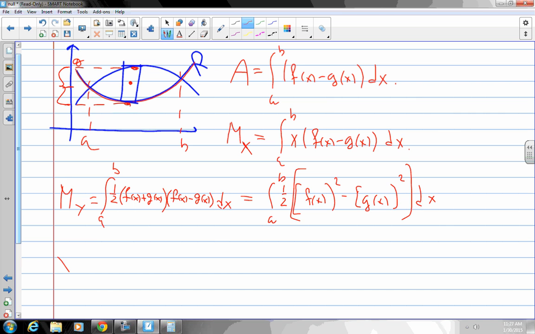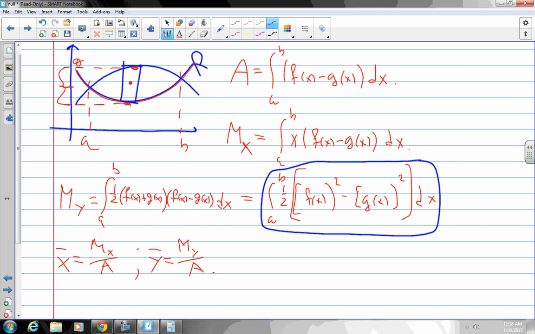But the rest will be the same. The x bar is the x moment over A, and the y bar is the y moment over A. So the only kind of surprise was that it's not the difference squared, but the difference of squares.